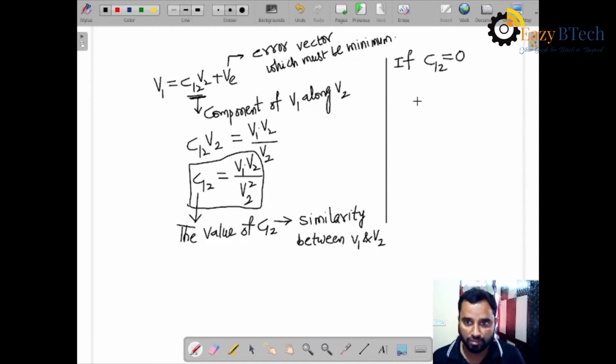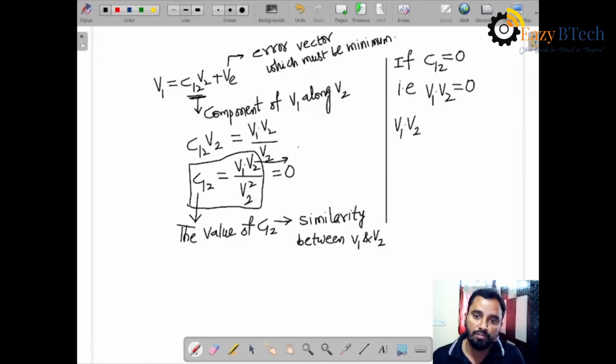C12 equal to 0 means the dot product V1 dot V2 is equal to 0, right? The dot product of two vectors is 0. When will the dot product become 0? V1 dot V2 is equal to V1 V2 cos theta, where theta is the angle between them.